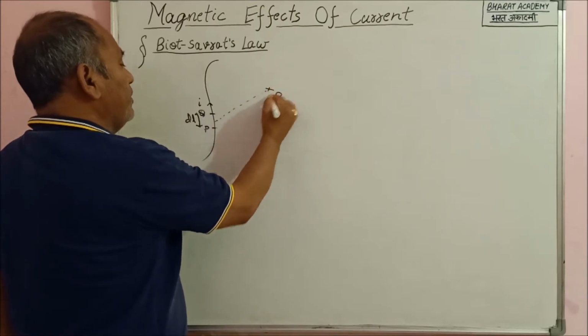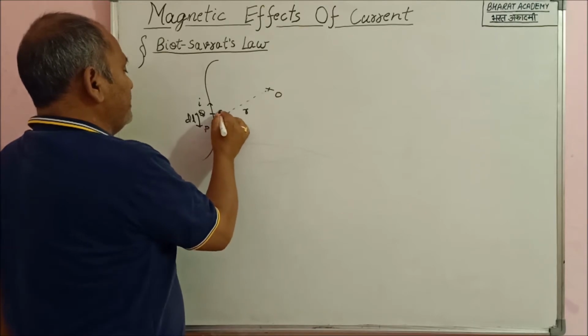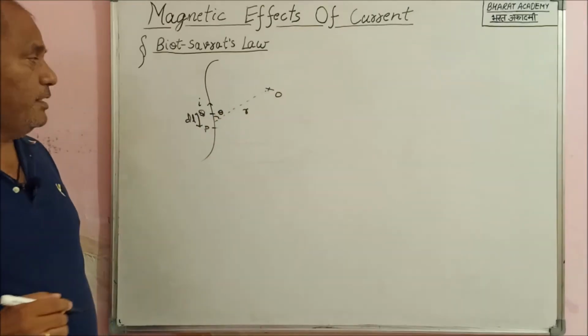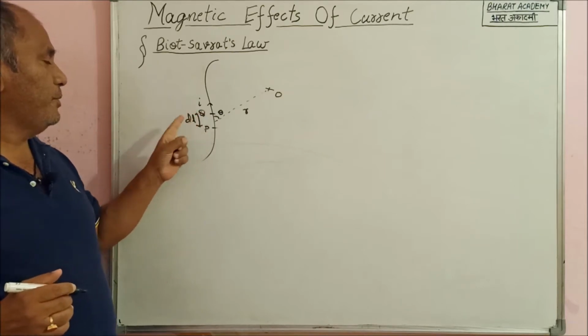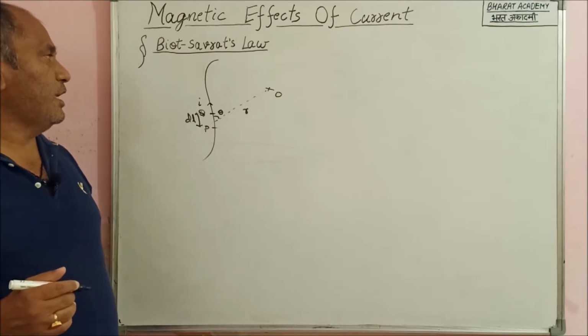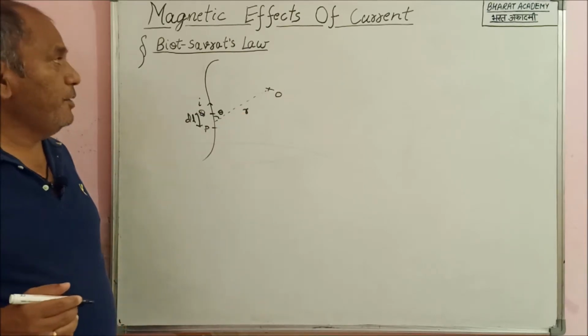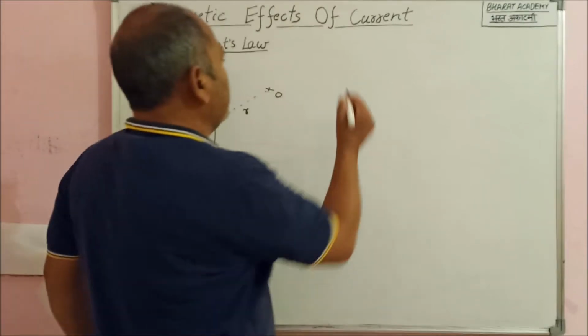Let O be the point at a distance r from it, making an angle theta. For the magnetic field produced by a small segment PQ of length dl at a point O, Biot-Savart proposed a law based on the experimental data.